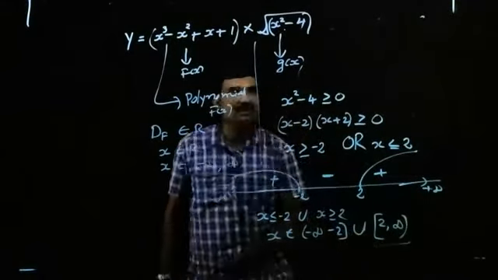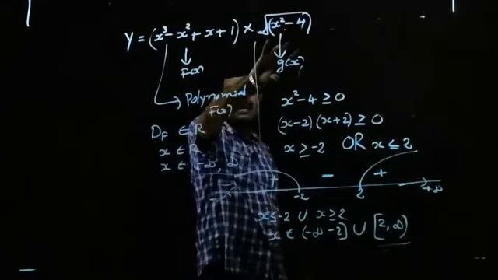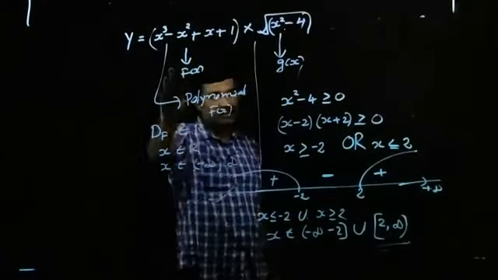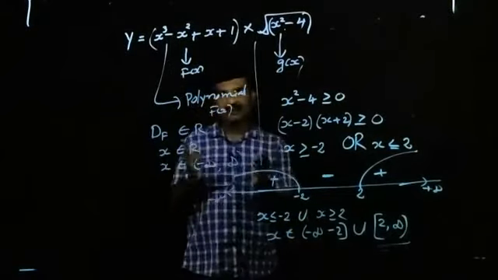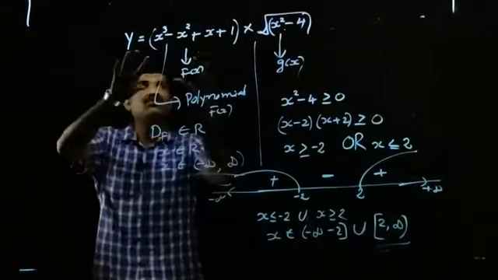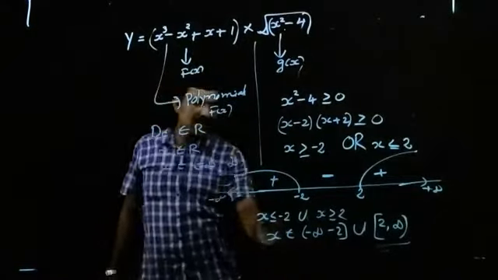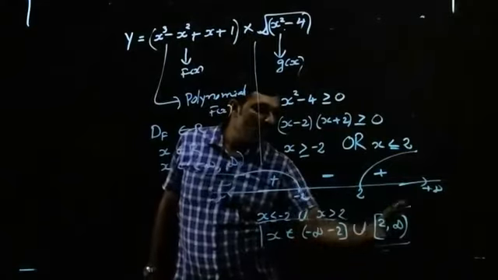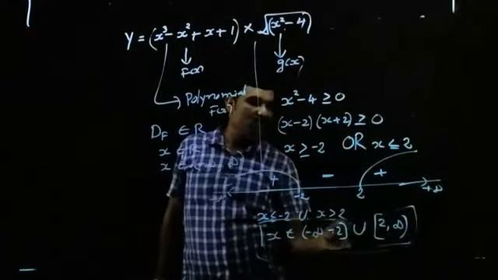Right. This is the domain of this section, and the domain of the other section is R. So by taking the intersection of these two sections, we will get x belongs to minus infinity to minus 2 union 2 to infinity.